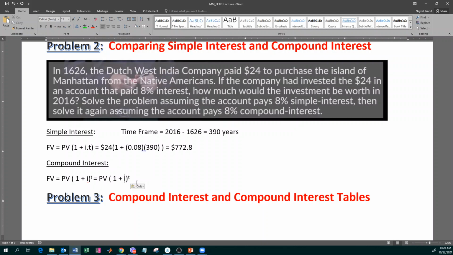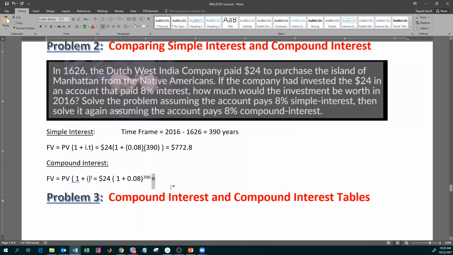What is the present value, guys? It's $24. What is our I? 0.08. What is our T, guys? 390, right?